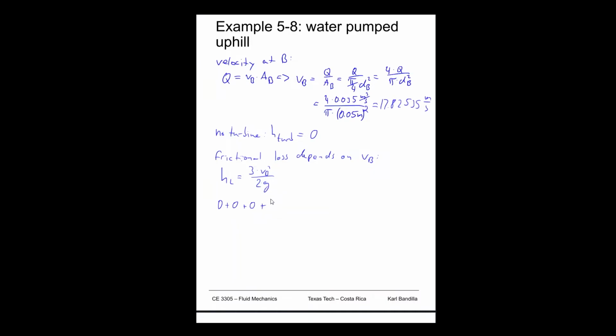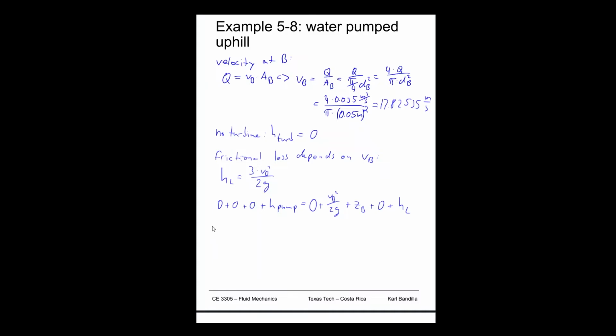Then the term we're looking for, H pump. The pressure at the outlet is 0. We figured out VB, so VB squared over 2G, we know ZB, there's no turbines, and then we have HL.